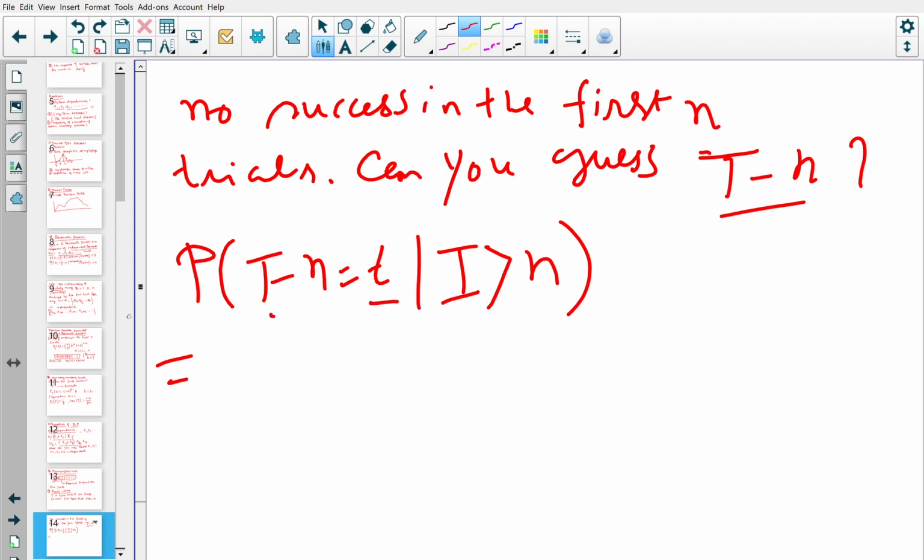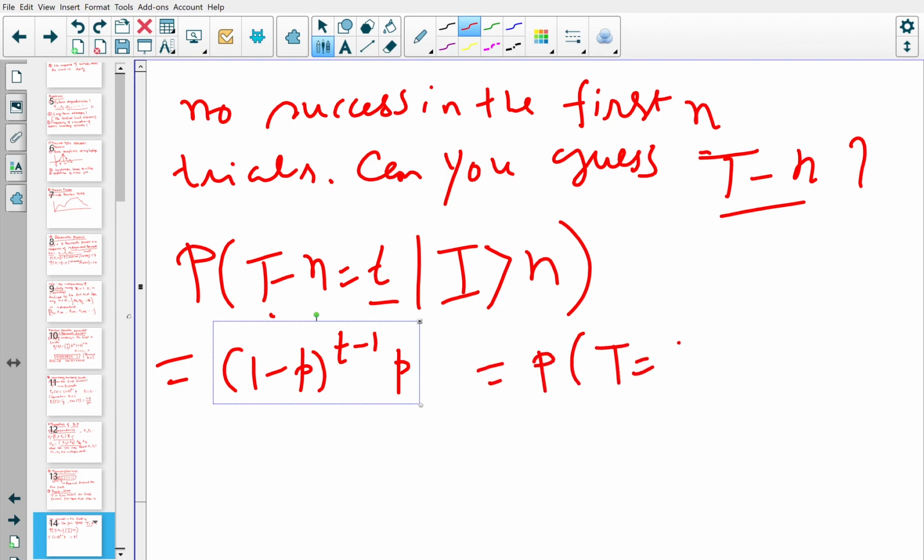To get a success out of these t trials, t minus 1 trials will be failures and the last one a success, right? You can immediately understand that this is nothing but the probability that T equals t. So the probability that T equals t and that T minus n equals t are the same, given that T is greater than n. That means it is giving you a fresh start.